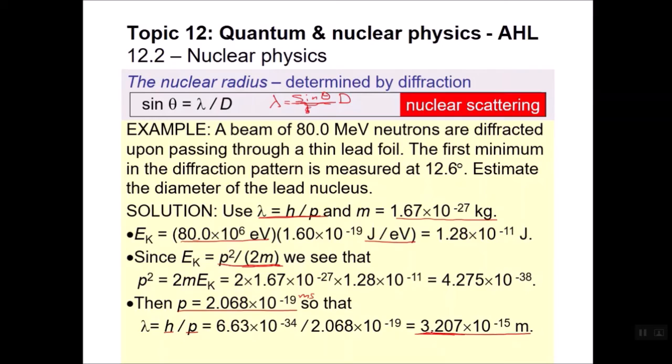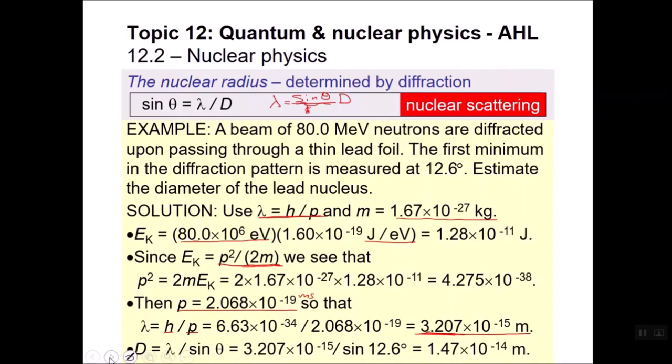We don't call them photons, but what they emit is extremely high energy, much higher energy than electrons do, because there's a whole lot more forces and things going on inside of a nucleus. So this is the wavelength, very, very short wavelength of the light that is being diffracted.